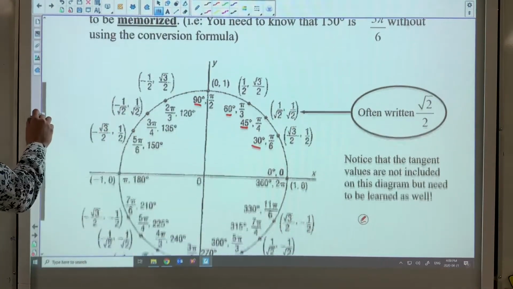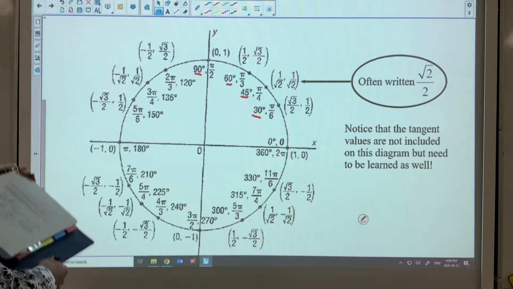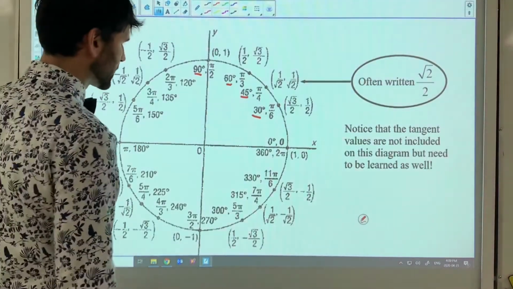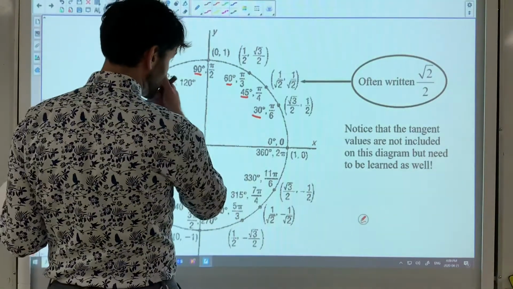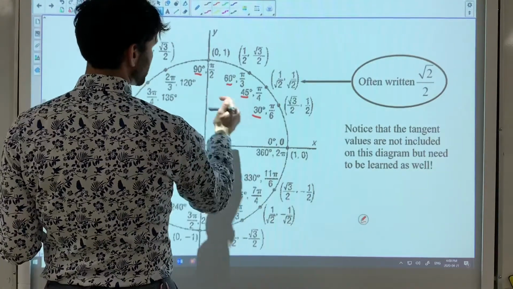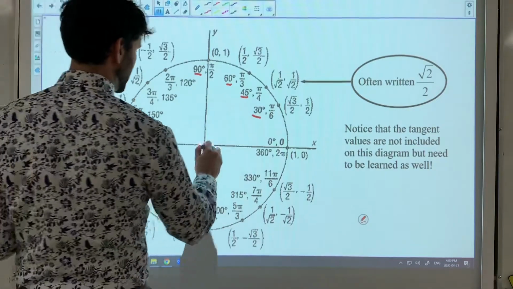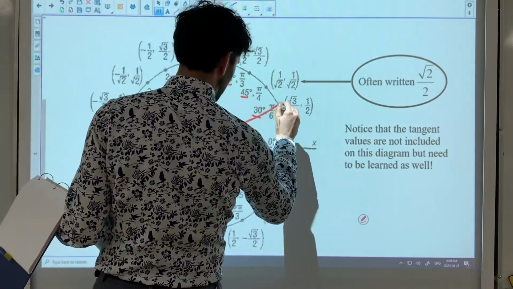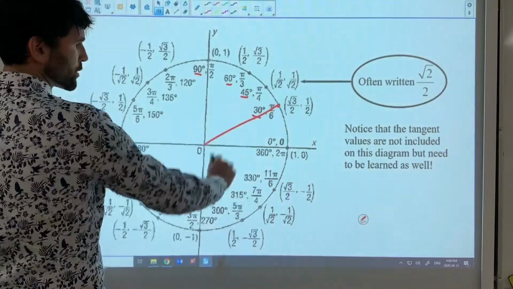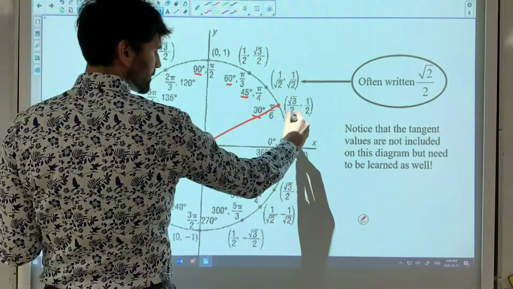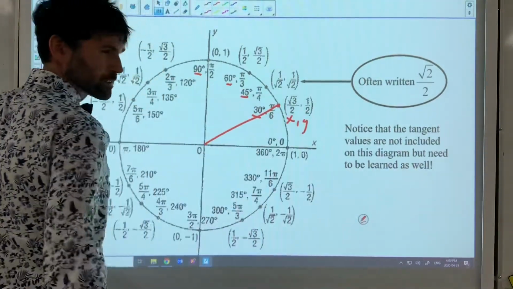Now I'm going to show you a really quick and easy way to memorize this. It involves using reference angles, and what I want to point out is that if you do my way, you only need to memorize quadrant 1 values. So for pi over 6 radians or 30 degrees, this is the coordinate for x and for y, right?